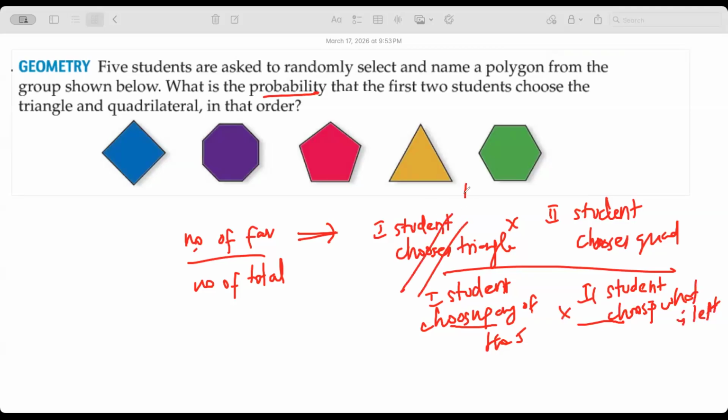He says this is 1. Okay, what is this? Second student choosing a quadrilateral, this is gone, so second student has to choose a quadrilateral. How many number of ways is it possible? Try, guys. Would it be 4 factorial? That is the total, right?